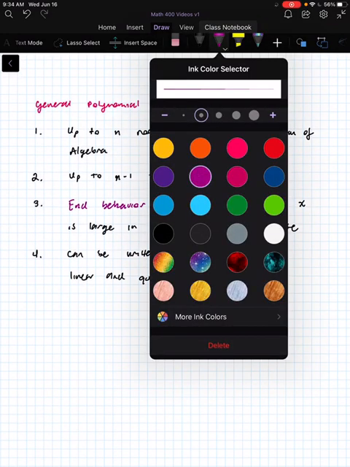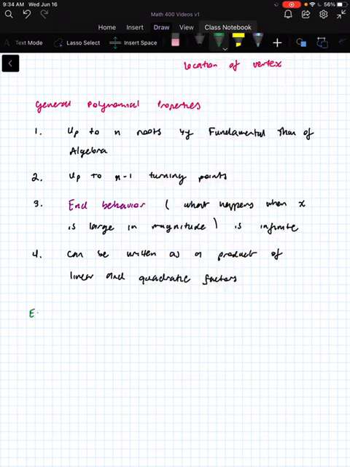So let's do an example. We're going to sketch the graph of y equals negative x squared times x minus 2.